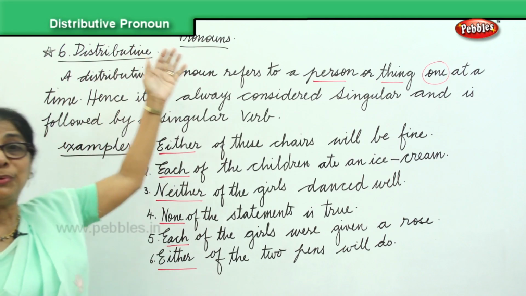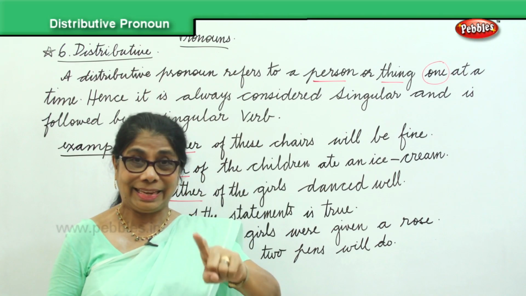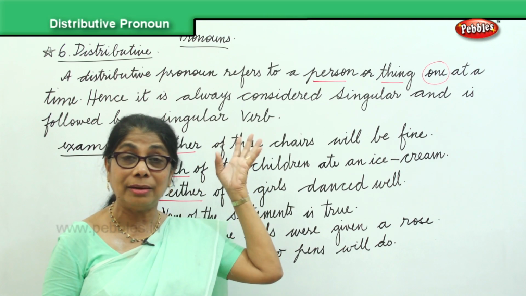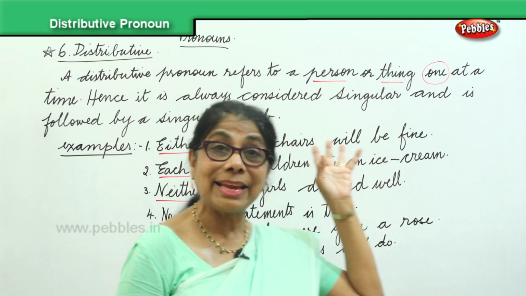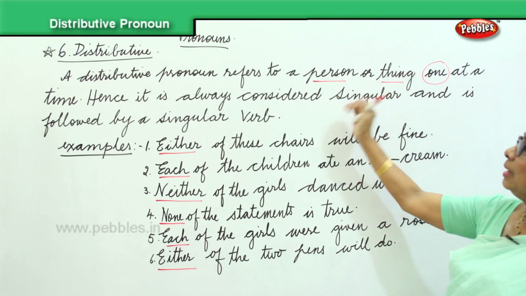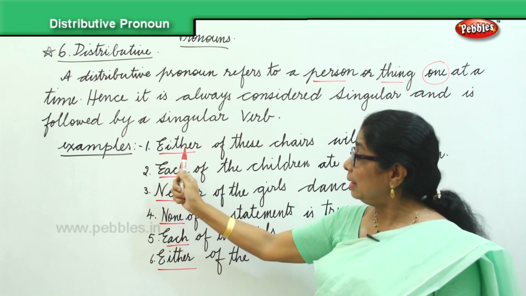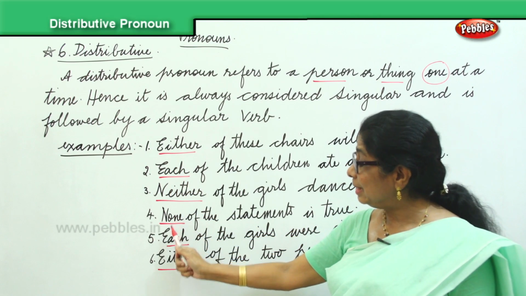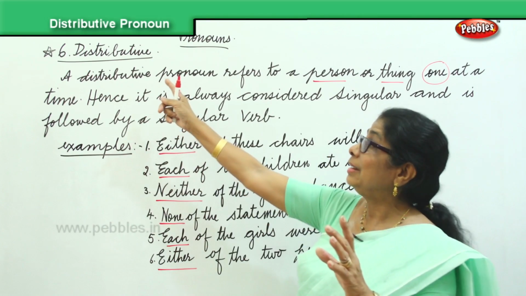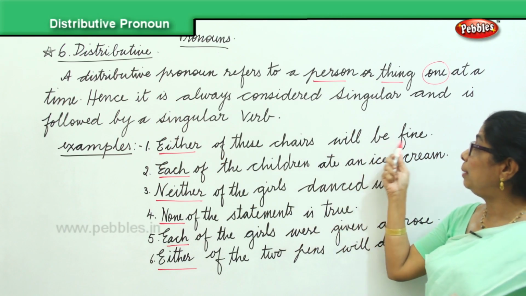So, we are talking about distributive pronoun. A distributive pronoun refers to one person or thing, one at a time. We are talking about things in singular, always followed by a singular verb. So, hence, considered singular. Examples: either, each, neither, none. All these are distributive pronouns. Either of these chairs will be fine.